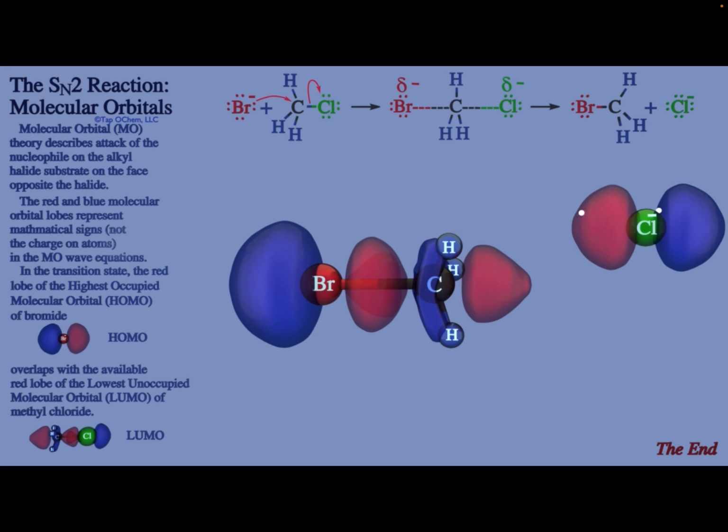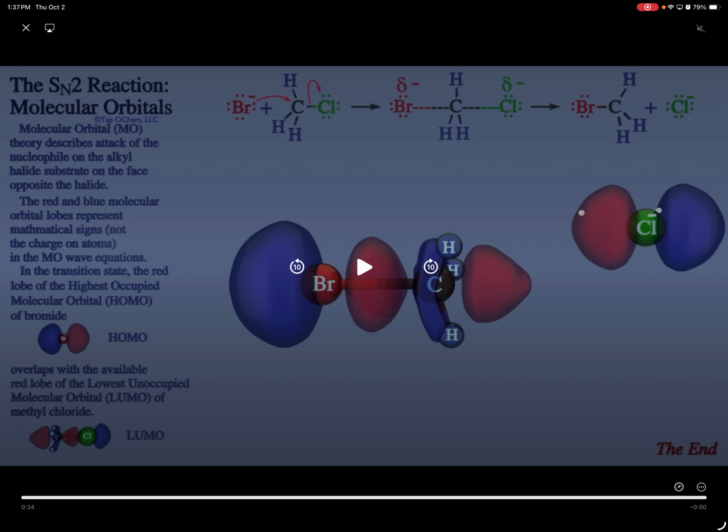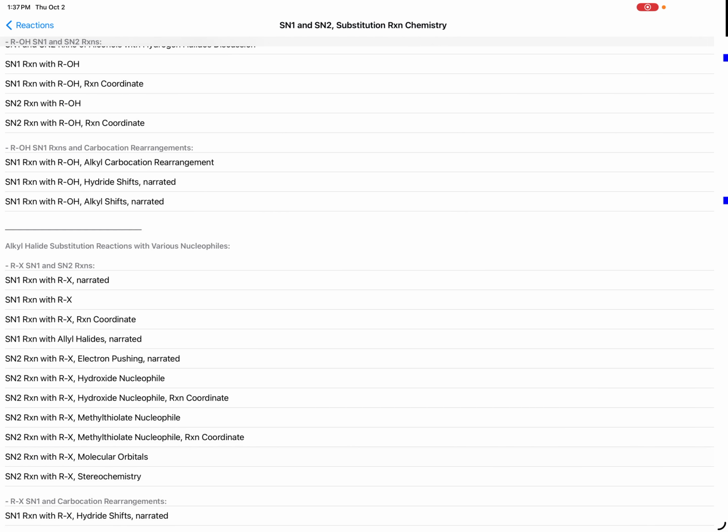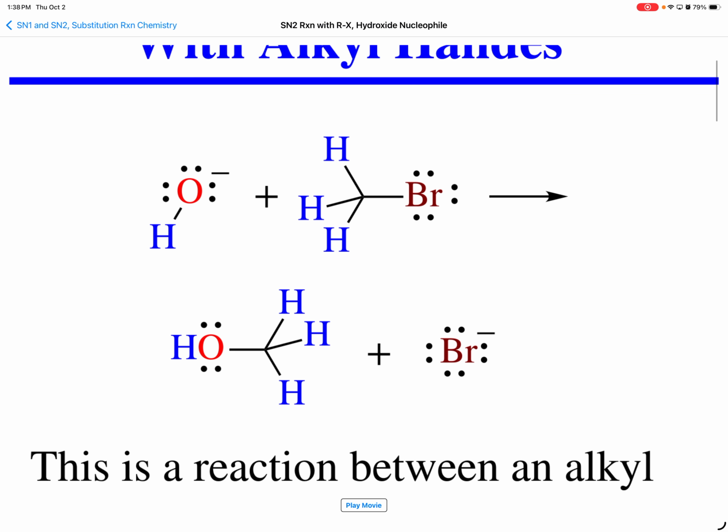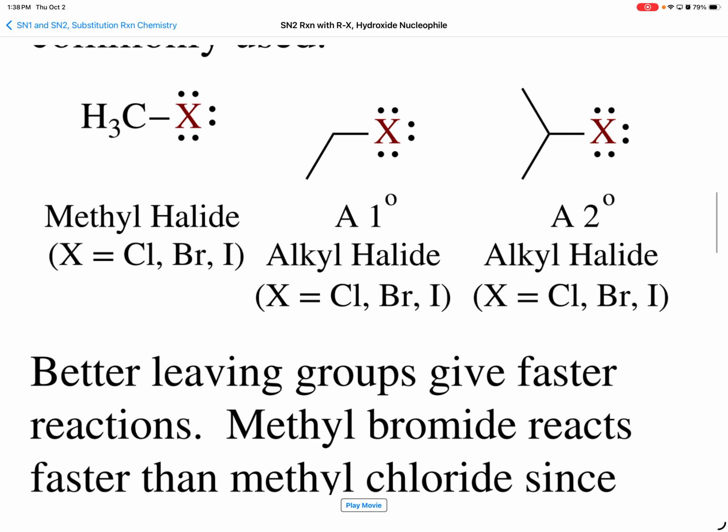Okay? All right. So now let's look at a situation where it's not like this, but let's look at the nucleophile part of it. Okay. All right. So this is hydroxide.